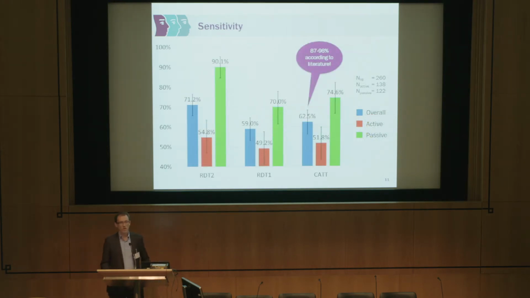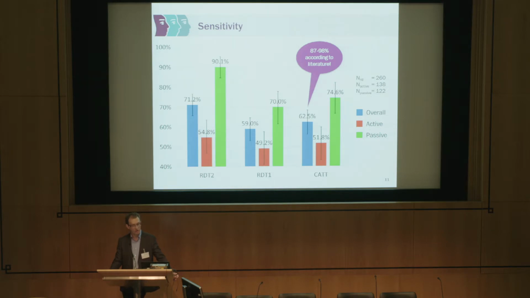So these were the results in terms of sensitivity. If you look maybe at the blue bars showing all participants combined, first, the good news was that the second-generation RDT was apparently more sensitive than RDT1, so that was a key objective. But we were actually very surprised by the low sensitivity of all 3 screening tests.